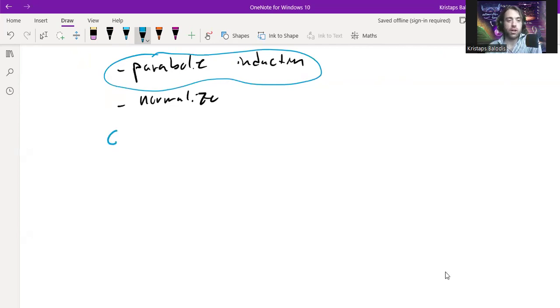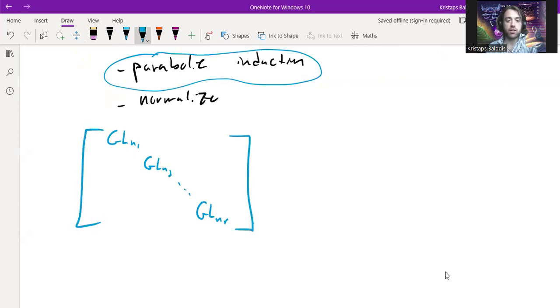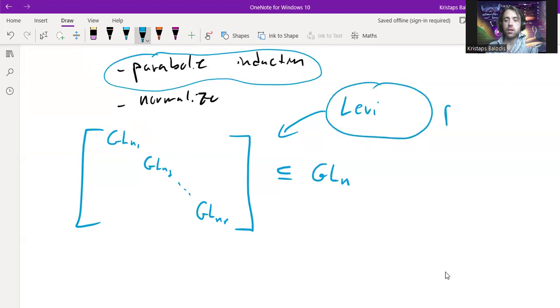We have these block diagonal copies of GLN of different sizes that all fit inside subgroups of our big GLN. And I mentioned that these are called Levi subgroups if you've seen some geometry of algebraic groups. And I don't want to go into a total explanation of why, but Levi subgroups pair very nicely with something called parabolic subgroups.